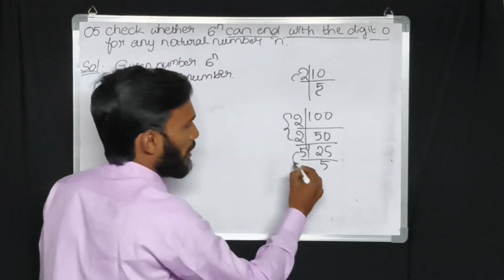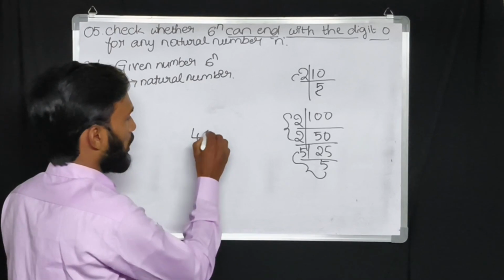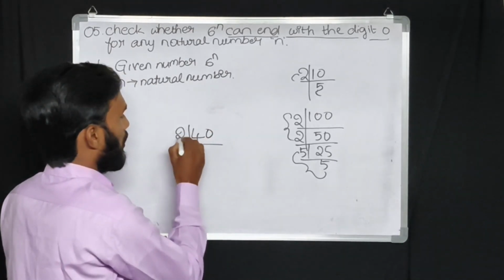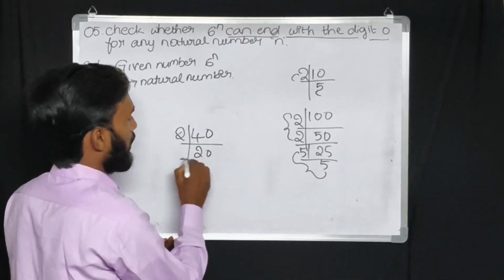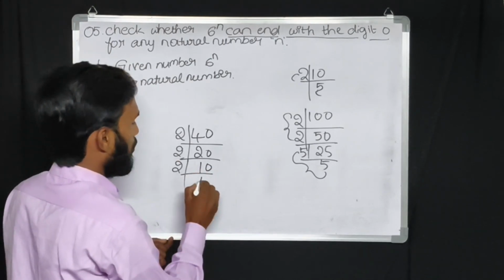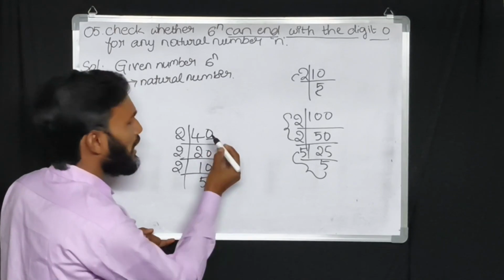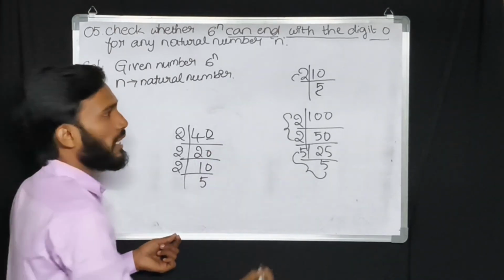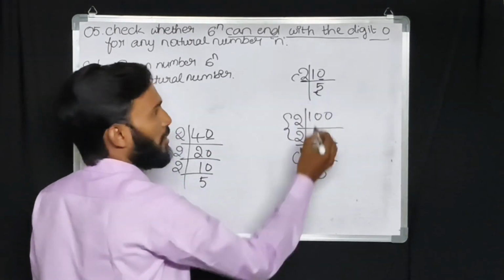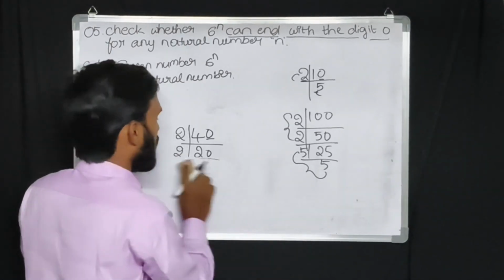Here 2 are factors and 5 are factors. If you take 40, it is in the table of 20, the table of 10, the table of 5. That means to end any number with 0, that number should have the prime factor 5.